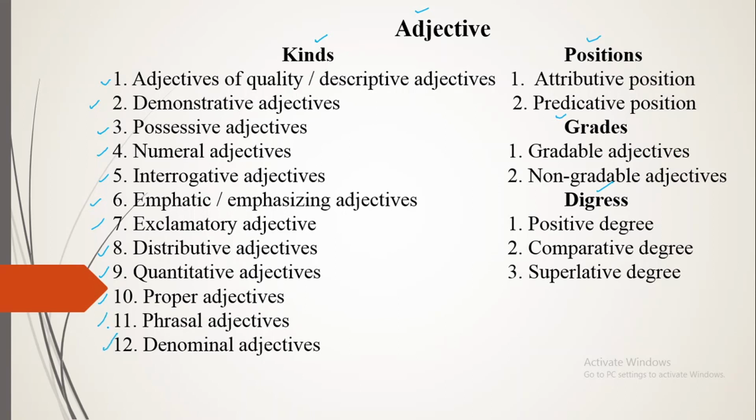There are 12 kinds, and we will be discussing them one by one. Positions of adjective are two: attributive position and predicative position. Grades of adjective are two: gradable adjectives and non-gradable adjectives. The degrees are three: positive degree, comparative degree, and superlative. So these are the kinds, positions, grades, and degrees of adjectives.